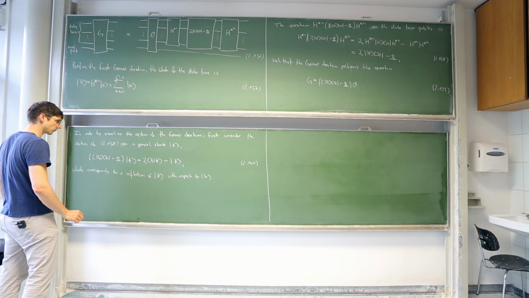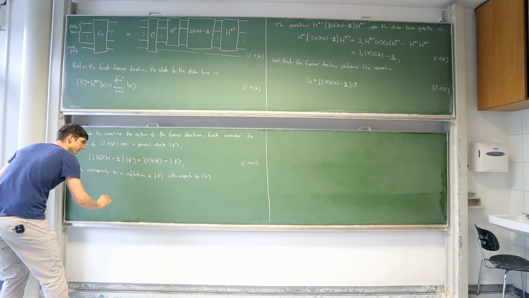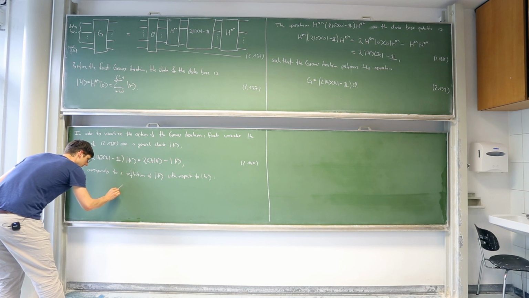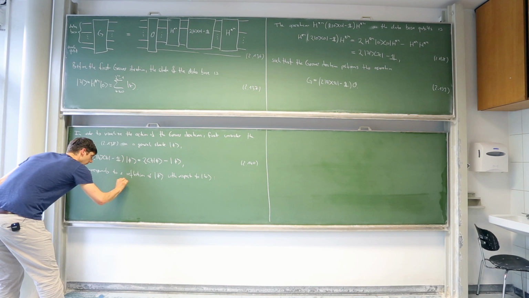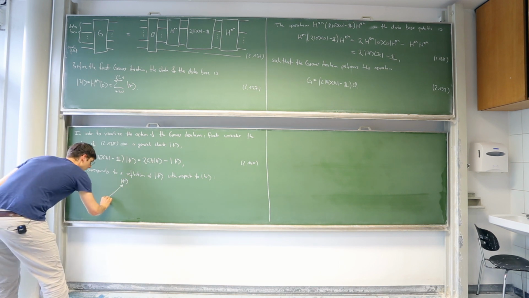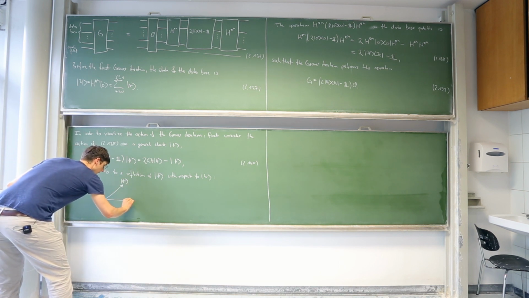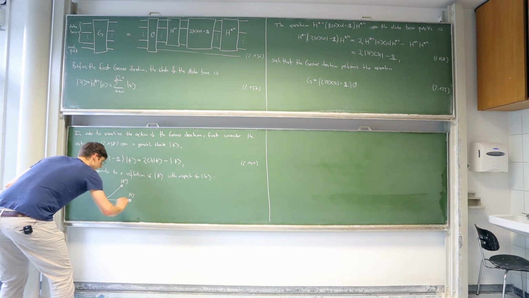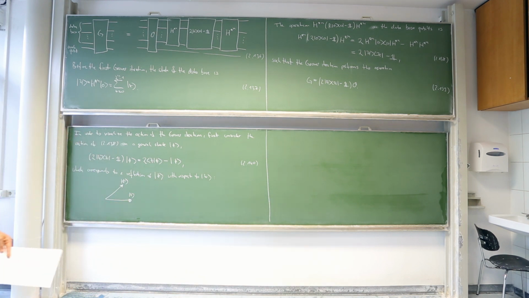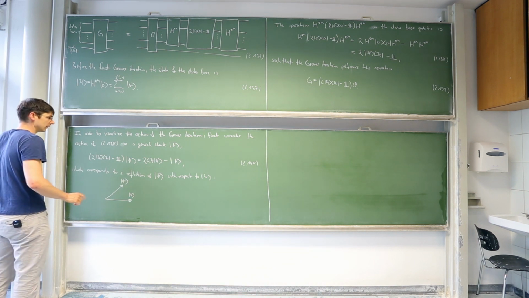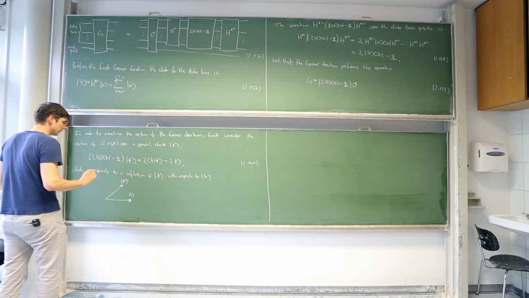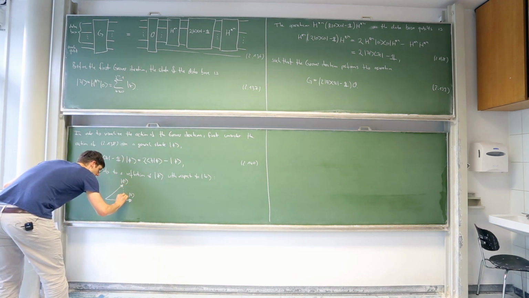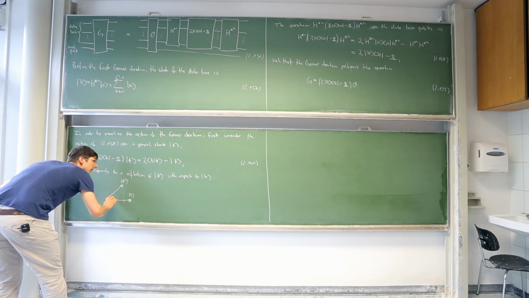Suppose this here is φ, and this one here is ψ. Then we have 2 times this overlap minus φ. So this overlap is given here. So this is the overlap ψφ.